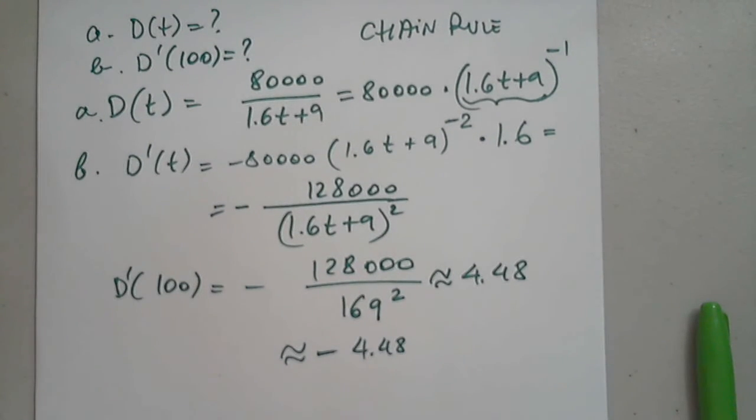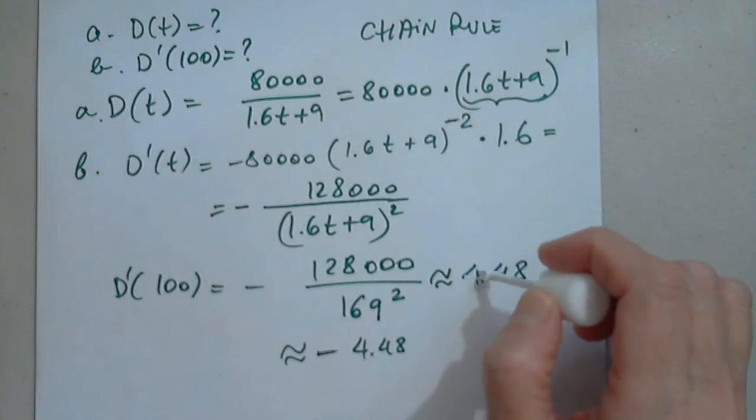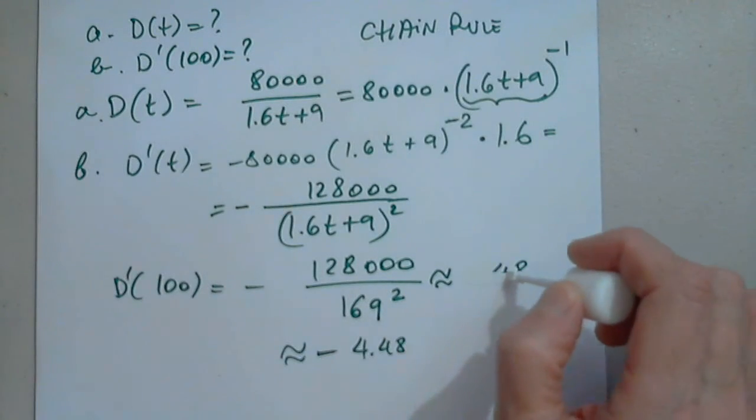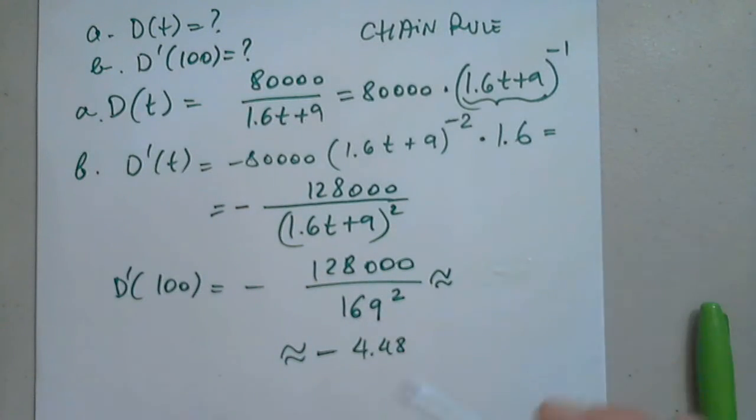But now I have to find the measurement unit. If I leave it like this, so please, I'm begging you, if it's an abstract problem, you don't have to worry about the measurement unit. But if we have, like in this particular situation, D was the demand function, so the rate of change of demand per day.